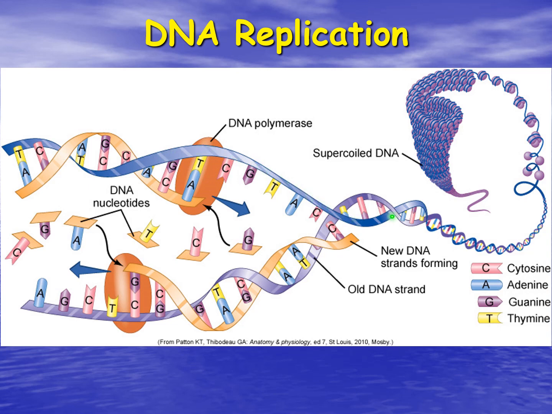Now, it's important because we're going to look at the structure of the sugar phosphate backbone here in a moment. And you'll notice that these 2 strands are actually made in opposite directions from each other. And that is because of the sugar phosphate backbone.